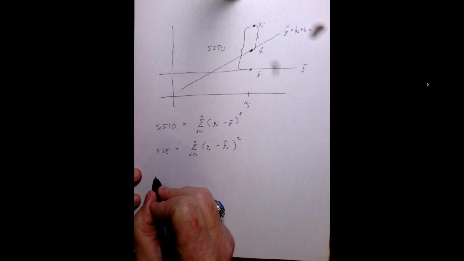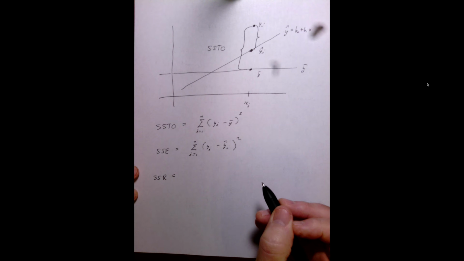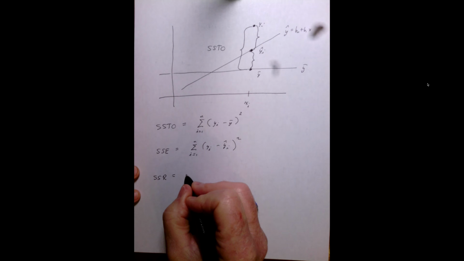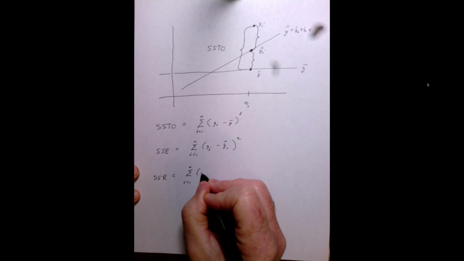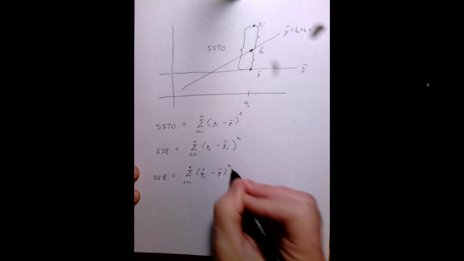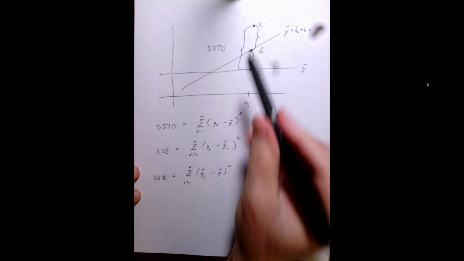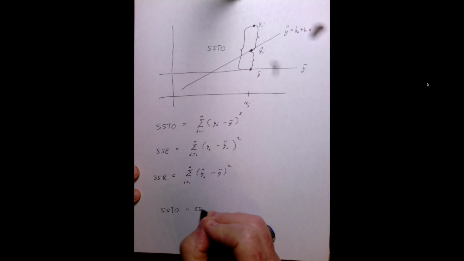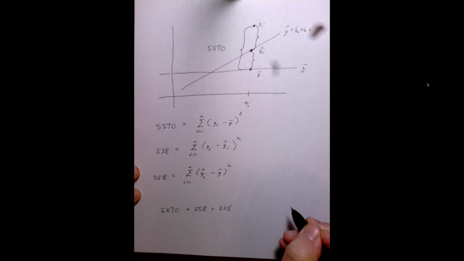The other deviation is called the sum of squares for regression, or the sum of squares for the model. And that's this piece right here. So this is the sum from i equals 1 to n of our predicted values minus the mean. So as you can tell from this illustration graphically, the sum of squares total is equal to the sum of squares regression plus the sum of squares error.